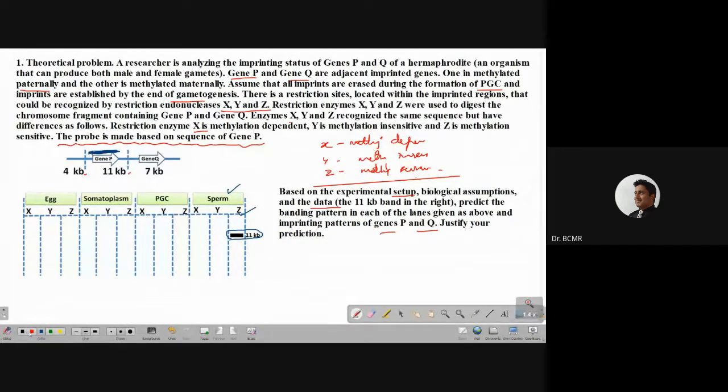For ease, I will do one thing here. Assume that it is a 15 kb fragment. Okay. You understood? Yes, sir. Assume it is a 15 kb fragment. So now you try to decide what it is.